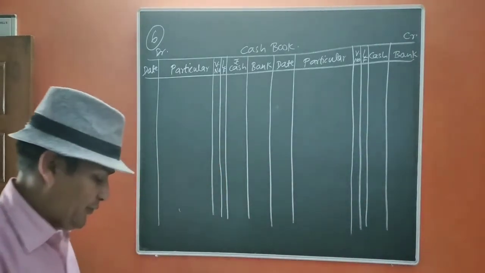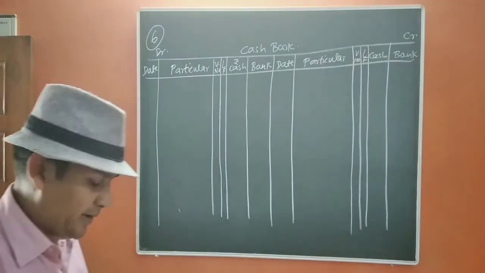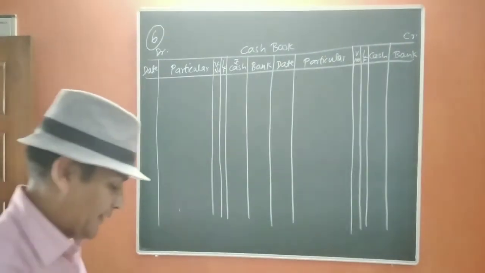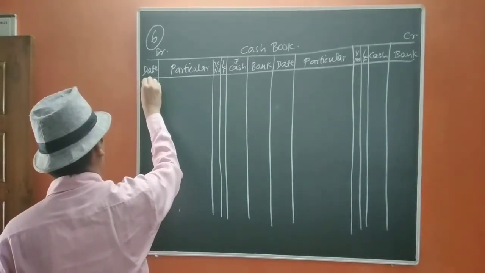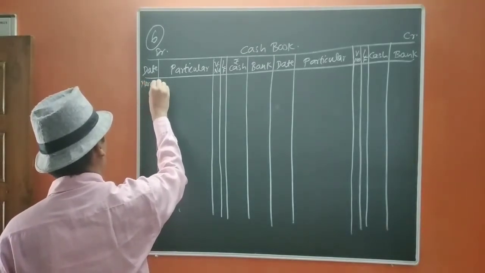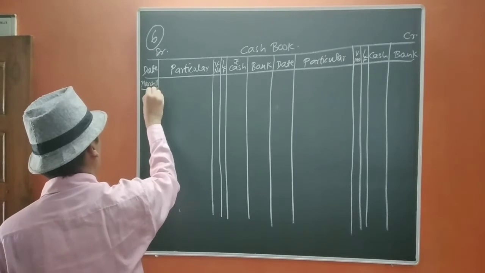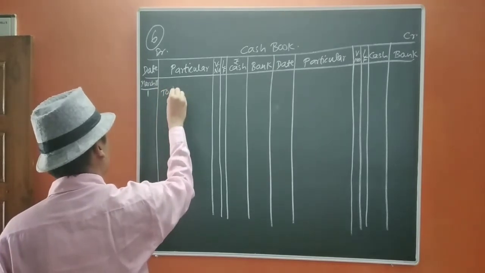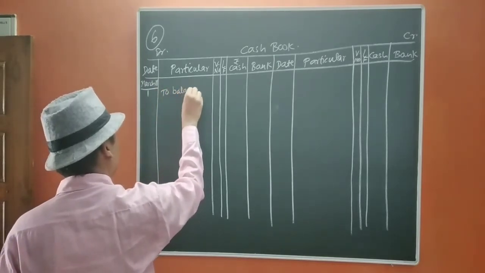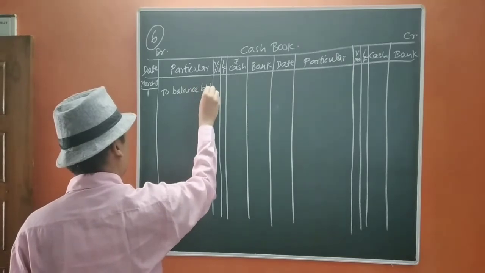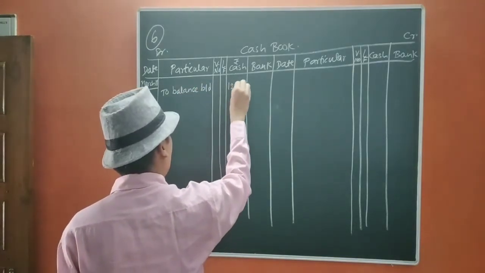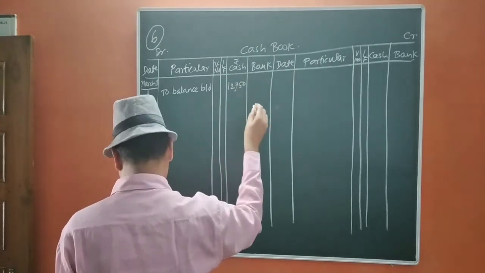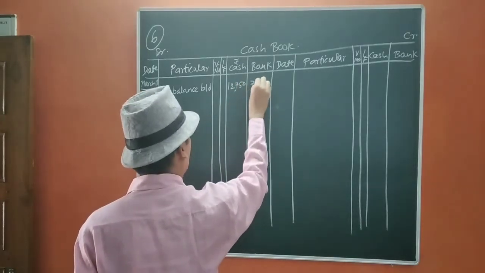On March 1st, cash in hand was 12,750 and cash in bank was 72,400. So March 2019, first, to balance brought down 12,750 and 72,400.